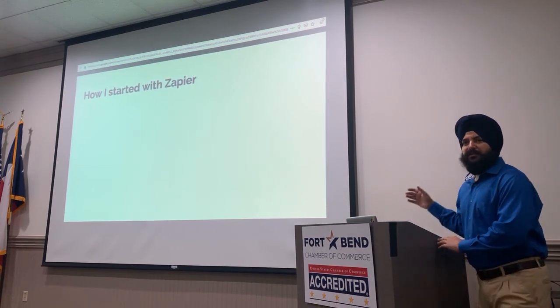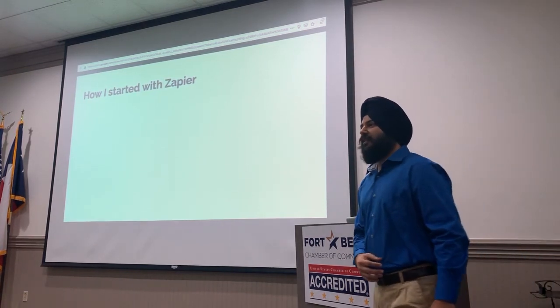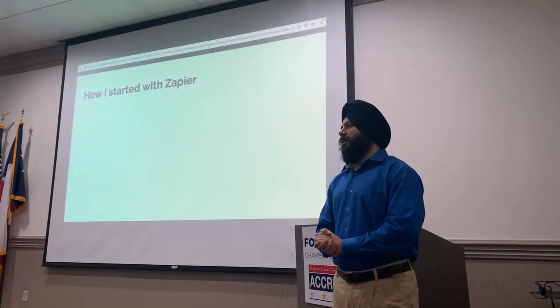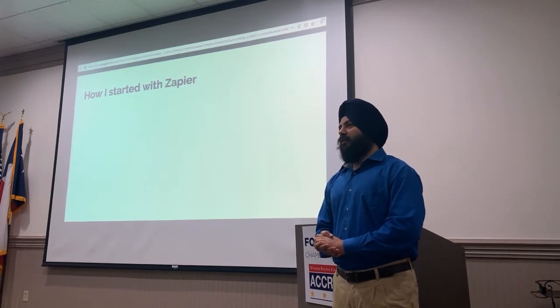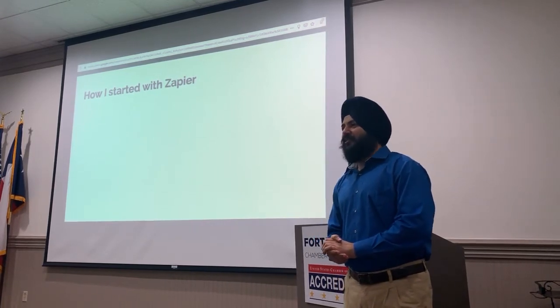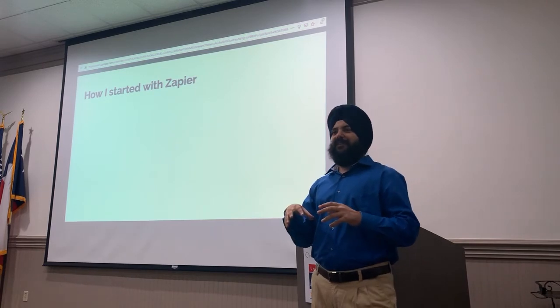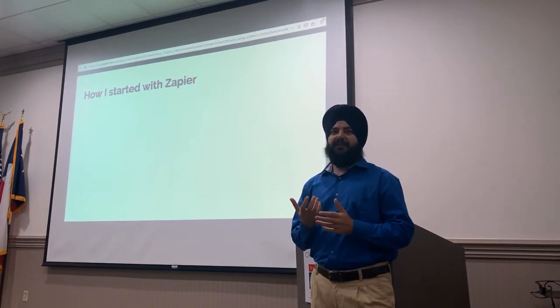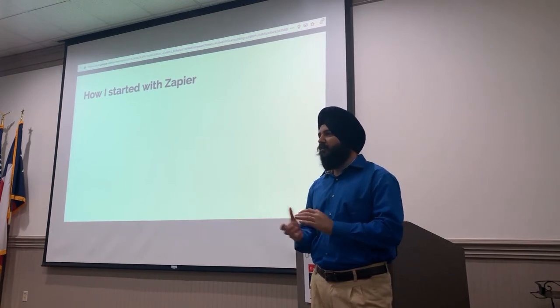Now, how I started with Zapier: in 2015, we were working on a WordPress site. We had a client who was using like 120 plugins on her site, and we were appointed at that point of time to include a few features and do the site speed improvements.